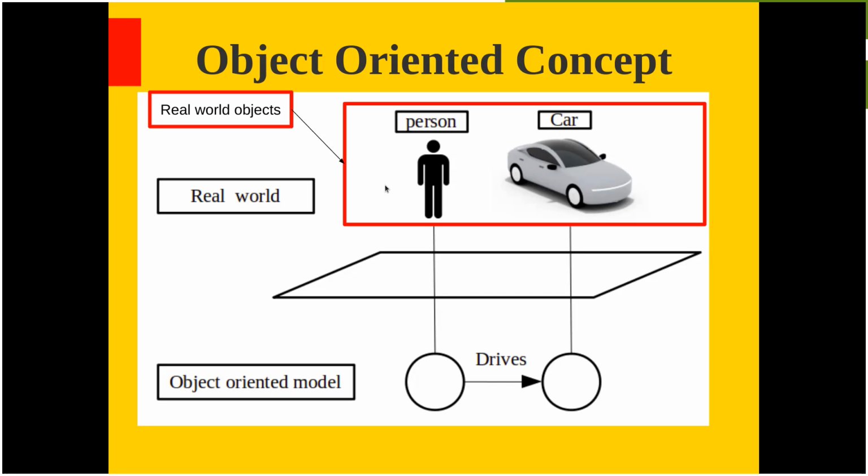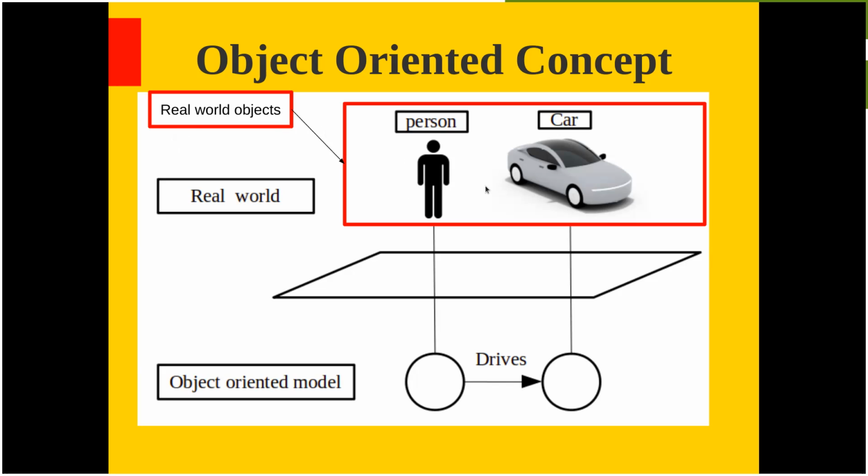And we can modify inside them without any modification to the functions. Because in function programming, we always change functions. Here we change objects. So there are many advantages compared to function programming. There are sometimes disadvantages also.